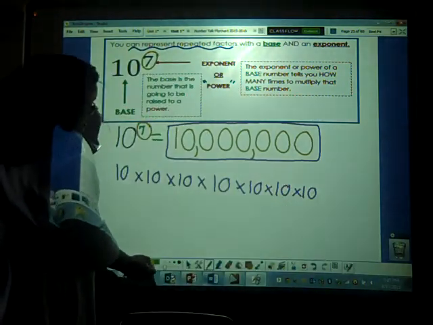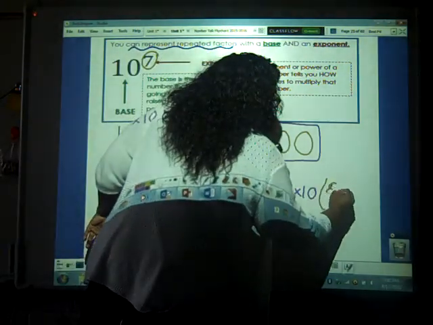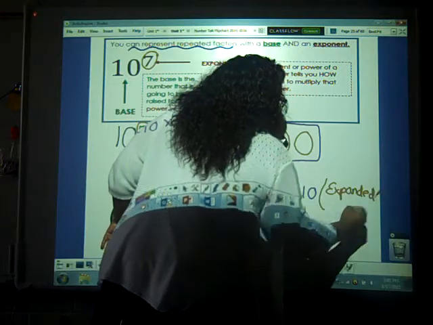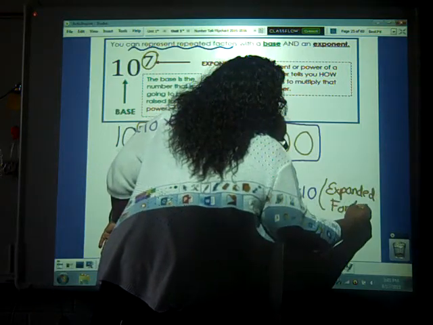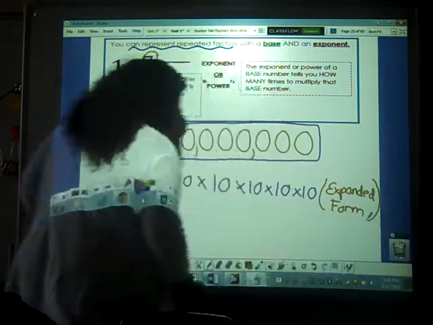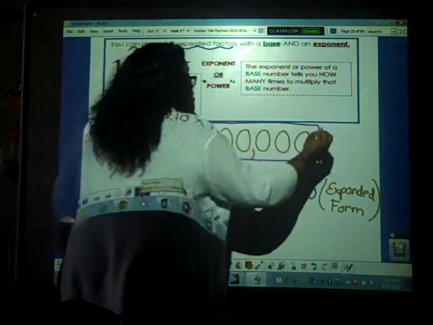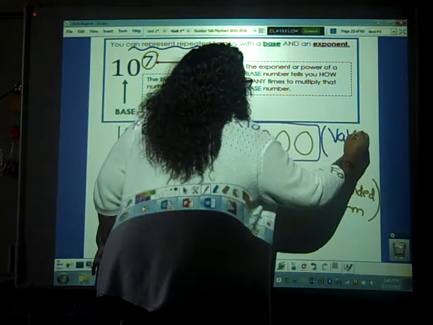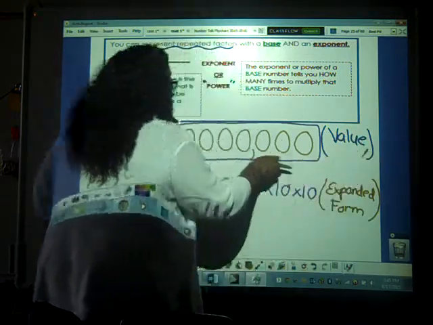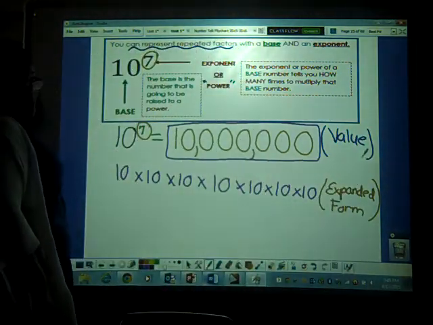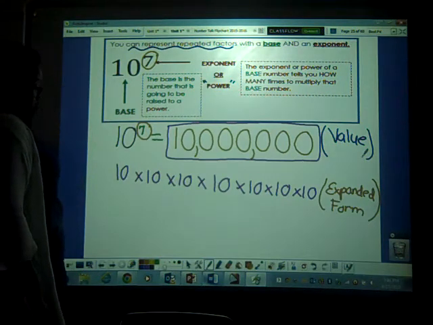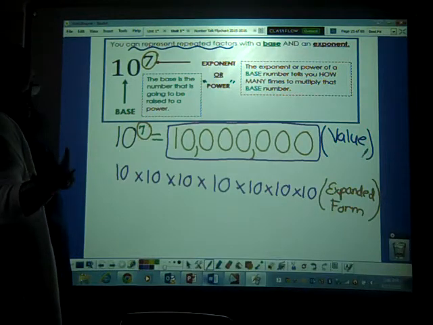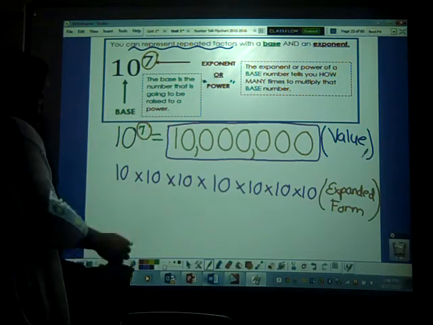This right here is the expanded form. And then up here, we have the value of the exponential form, okay? So let's go ahead and move on. If you guys want to pause, copy this down, go ahead and do so right now, and then we're going to move on.